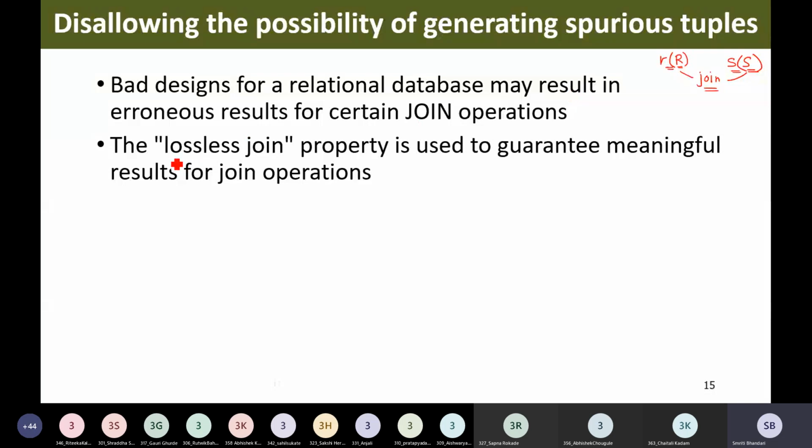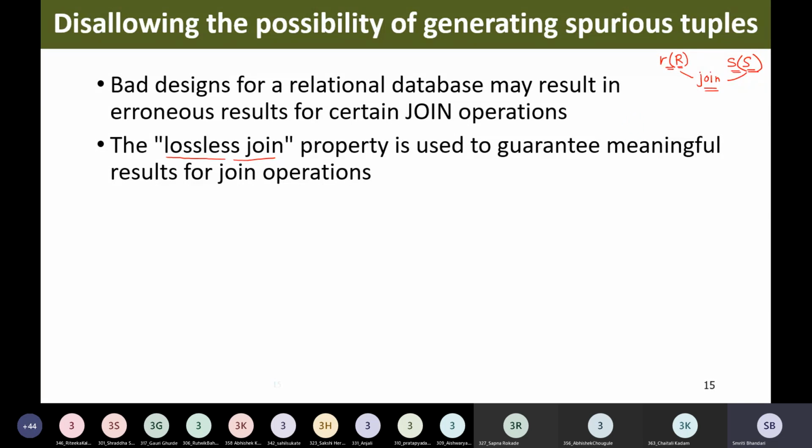So what is important is whenever we are using the join operations on the relations, then lossless join property needs to be guaranteed. So if we are having the relations that satisfy this lossless join property, then that is a good design. And if the relations are not satisfying this lossless join property, then we say that it is a bad design. So we should always avoid such kind of bad design.